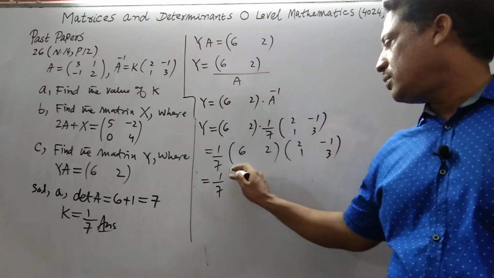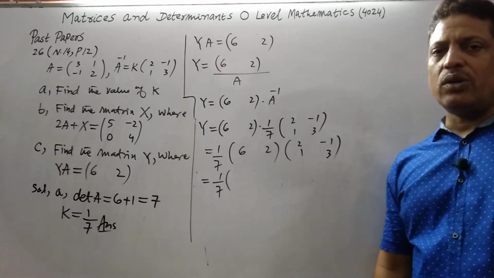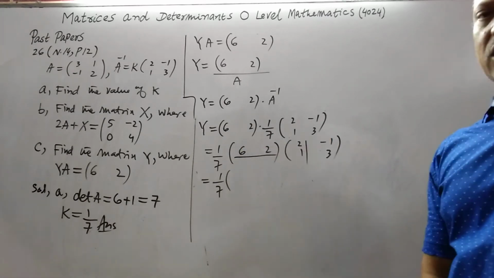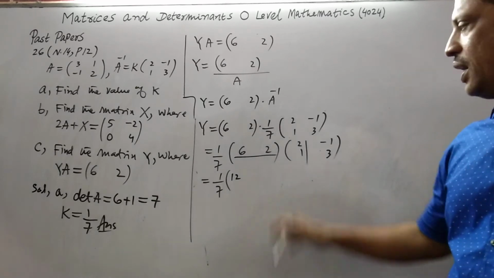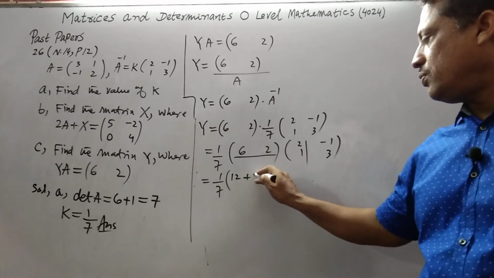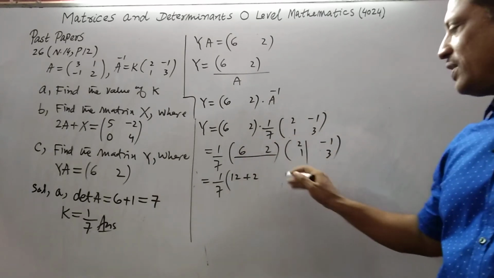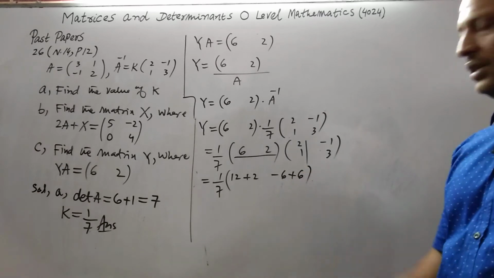1 over 7. How to multiply two matrices? Keep in mind, rows by columns. So this row multiplies by this column: 6 2s are 12, and 2 multiplied by minus 1 is minus 2, so 12 plus 2... Similarly, 6 1s are 6 and 2 3s are 6.